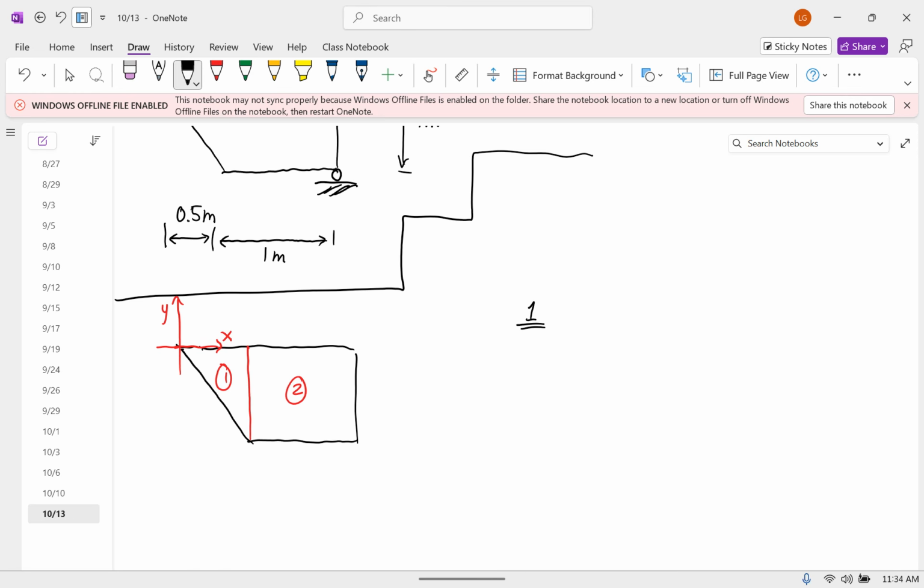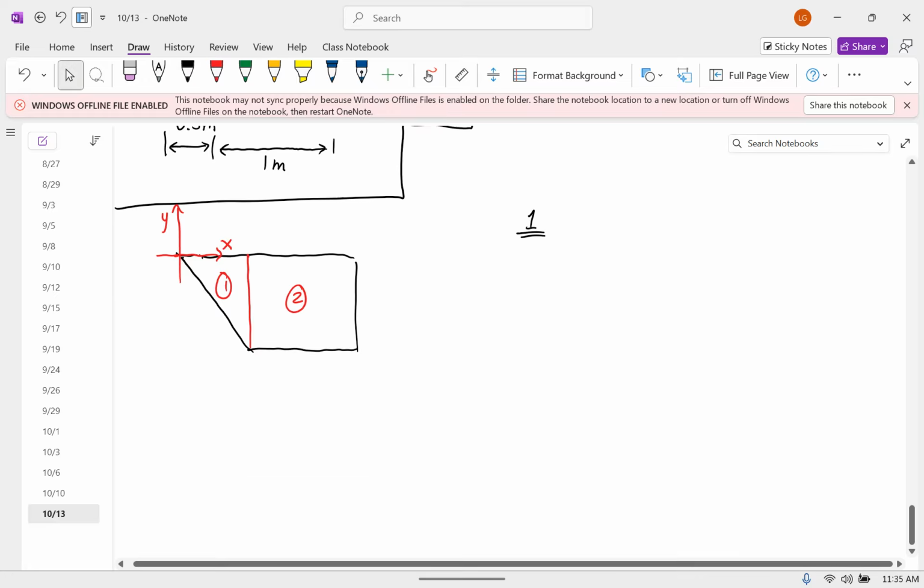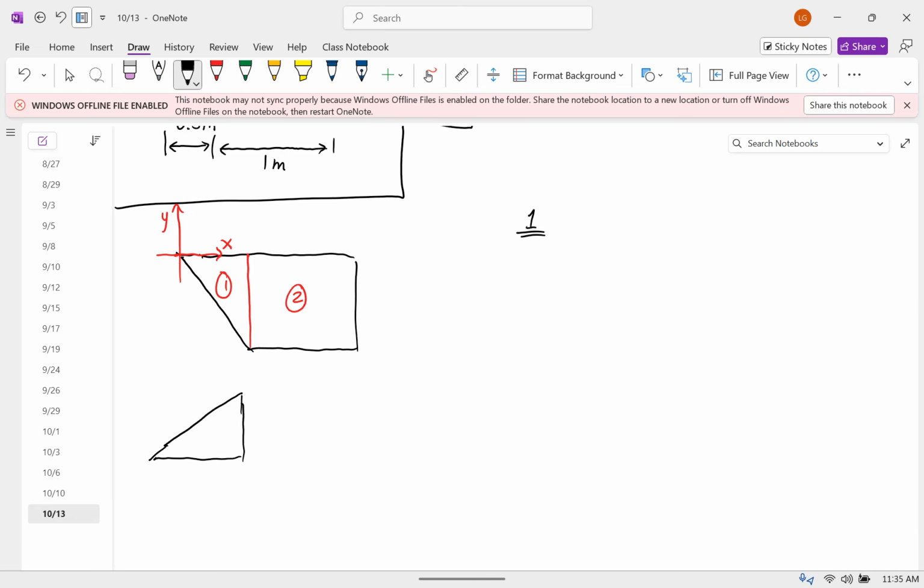That's a right triangle. The formula for that says, so you have to kind of reconfigure this in your mind. Remember that the formula for a right triangle says that this distance is h over 3, and this distance is b over 3.